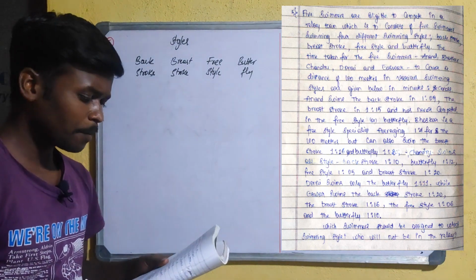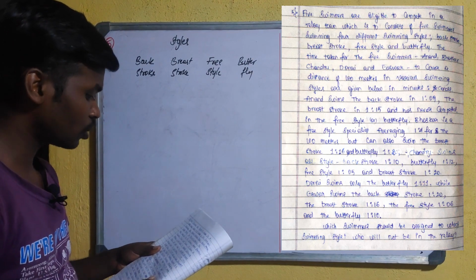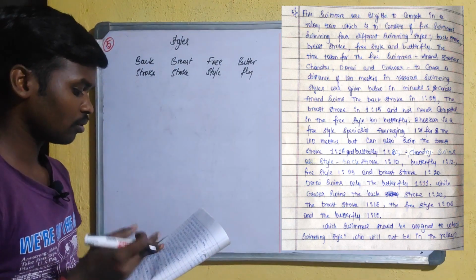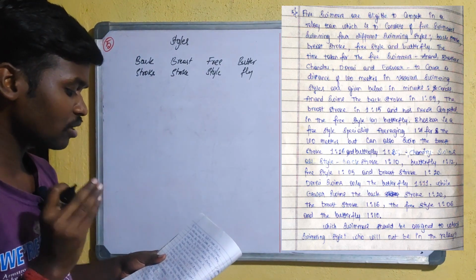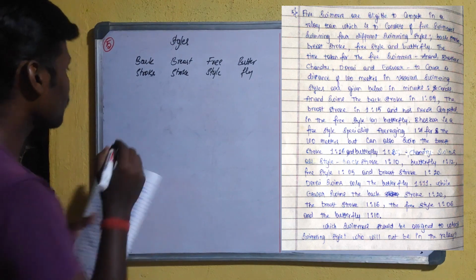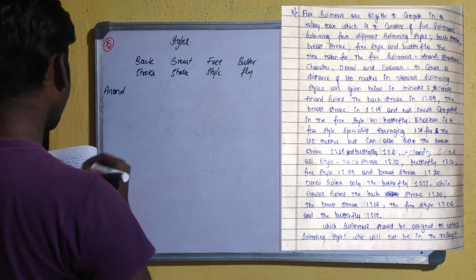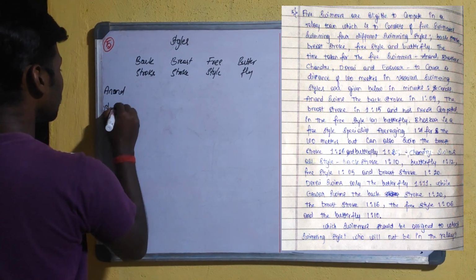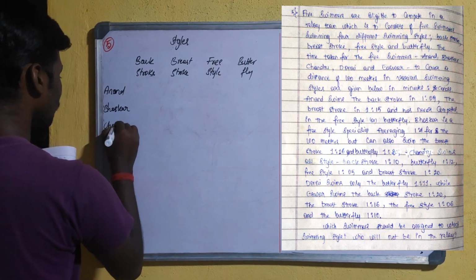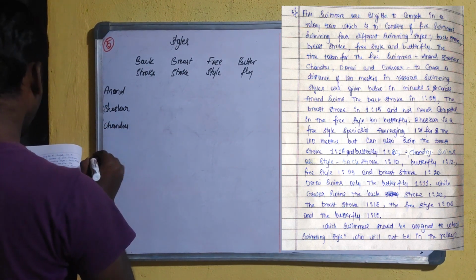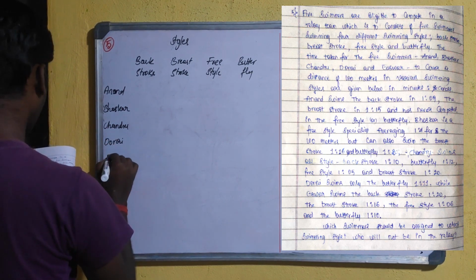Next, see the time taken for 5 swimmers: Anand, Bhaskar, Chandru, Dorai and Ishwar. In this line they have given the 5 different swimmers. First one Anand, second swimmer Bhaskar, third swimmer Chandru, next Dorai, and the last swimmer Ishwar.